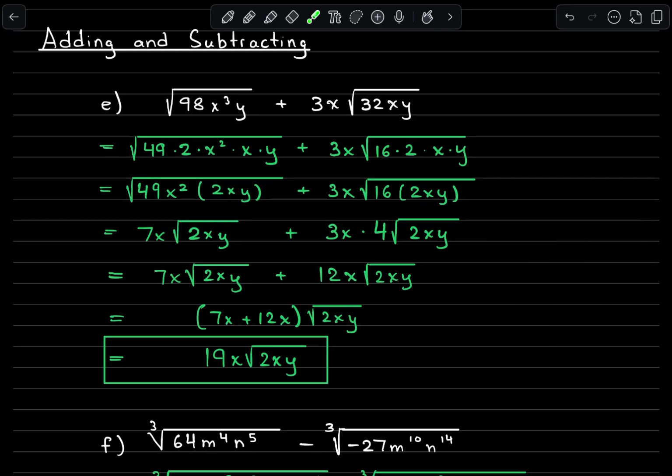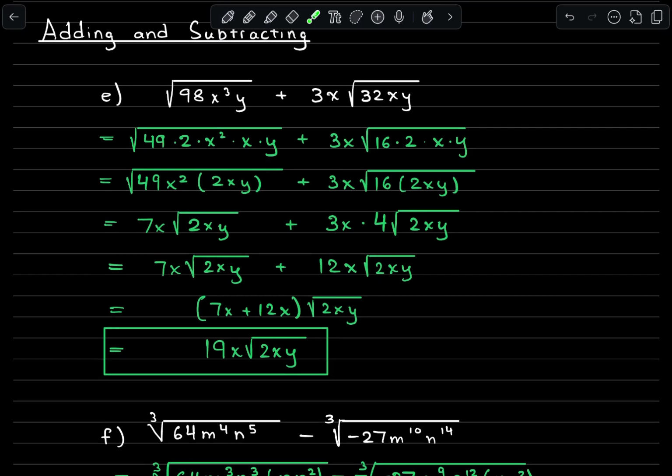So whenever you have an odd power here, 3, 5, 7, 9, and so on, you're allowed to have a negative underneath that radical. If you have even powers, 2, 4, 6, 8, and so on, you cannot have a negative. That will be a problem. That's not something we can evaluate. It's not defined, at least not in the real number system.